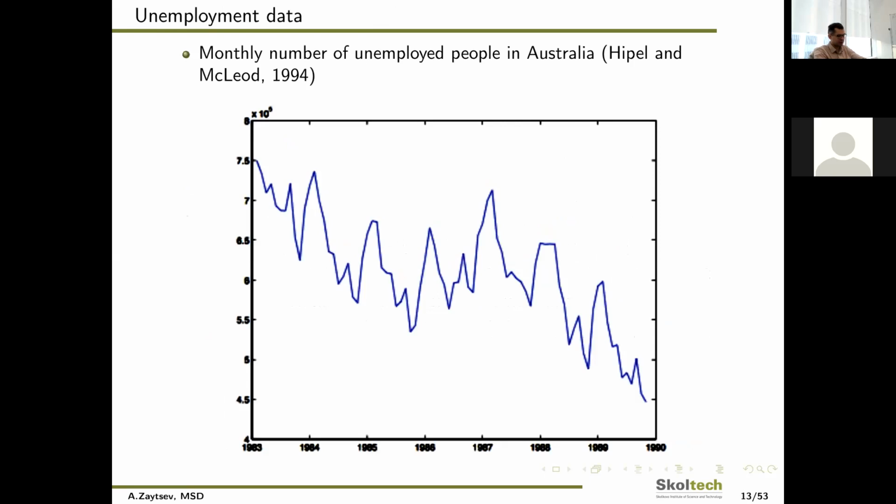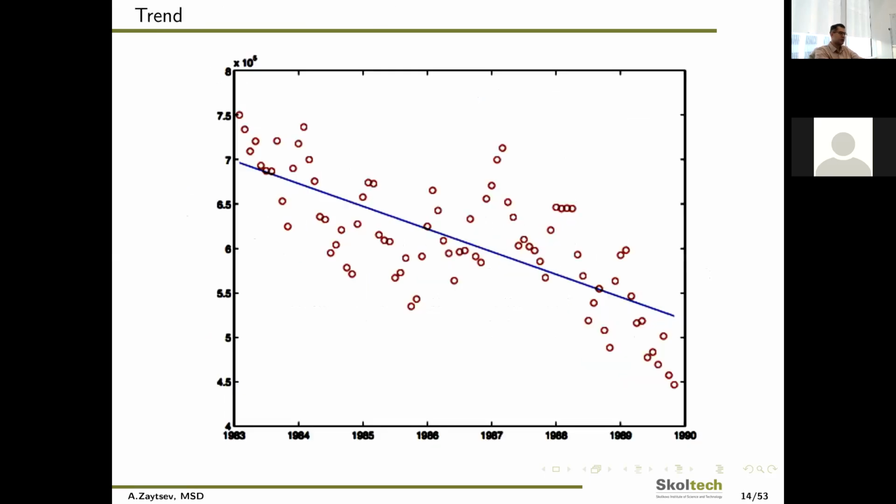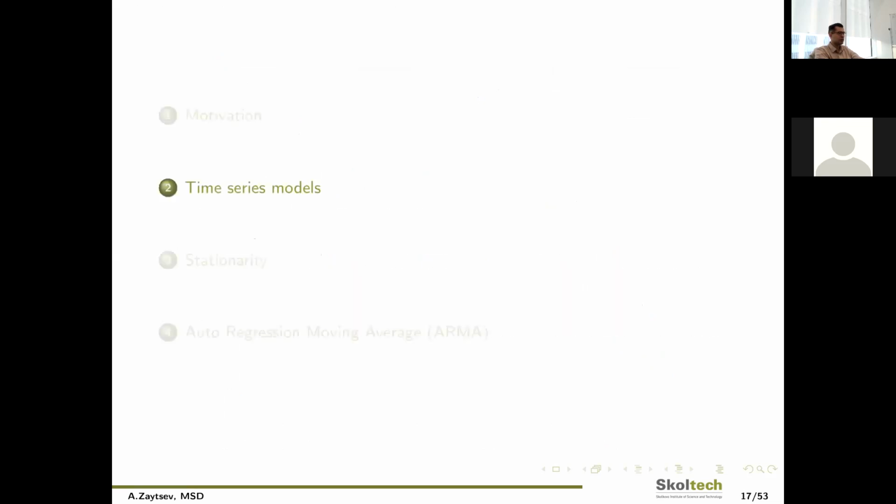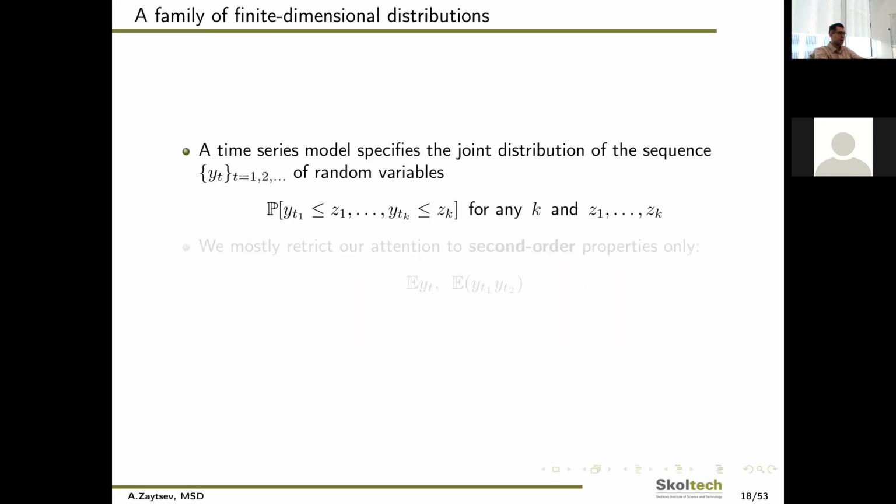You have 7 years and 12 months each year, so it's something like 84 points in total, and you understand that you can't have a lot of features here because you will not be able to estimate linear regression coefficients related to them, and it would be even harder if you consider a more complex model like gradient boosting, but you still need models for this.